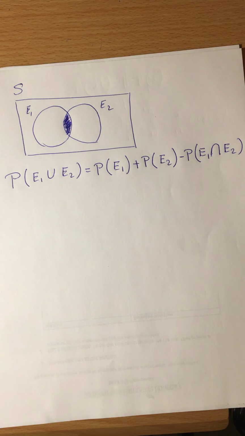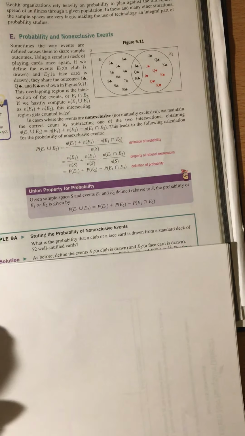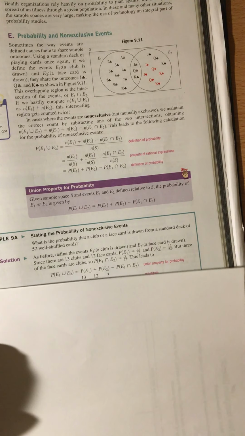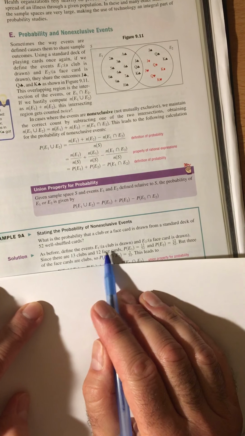Okay, so let's take a look at example 9 based on what we just described. Example 9, it says, what is the probability that a club or a face card is drawn from a standard deck of 52 well-shuffled cards? Okay, so let's take a look at the solution. It says, as before, define an event E1, a club.